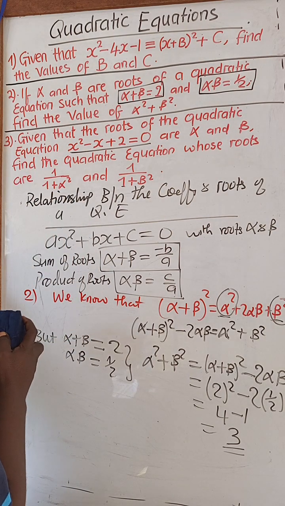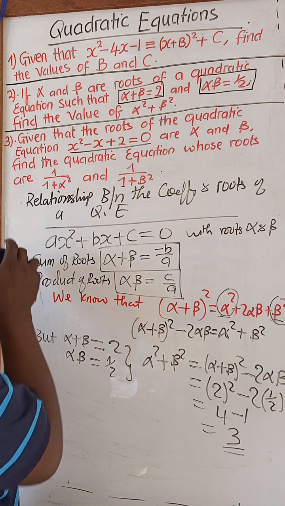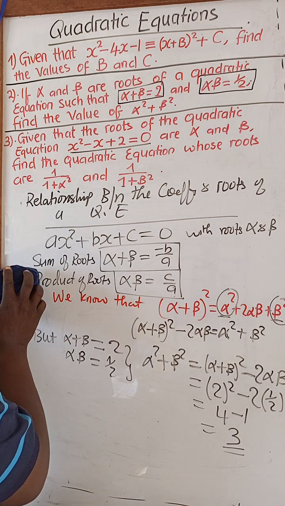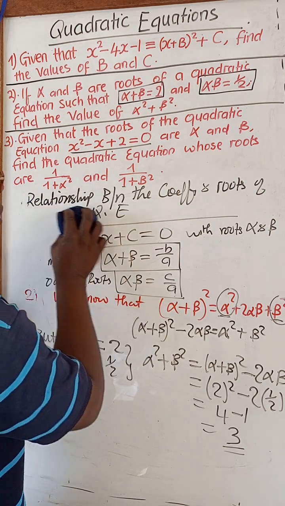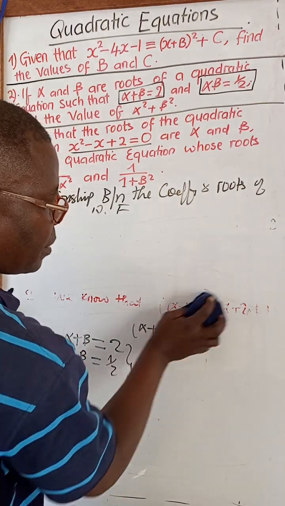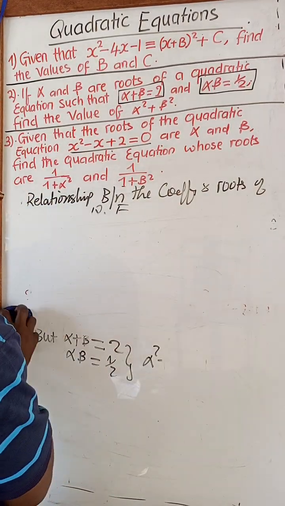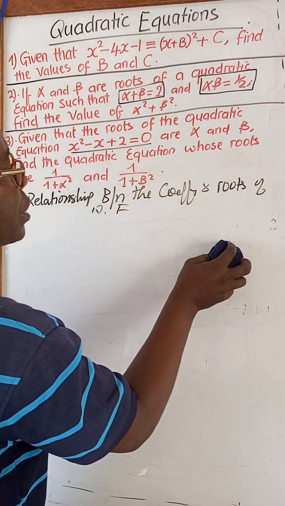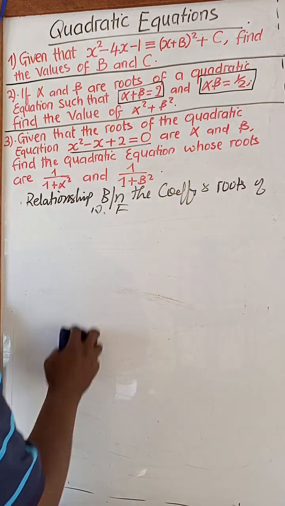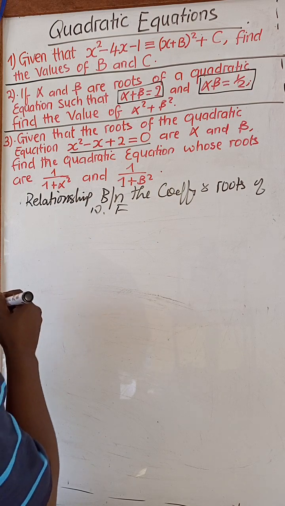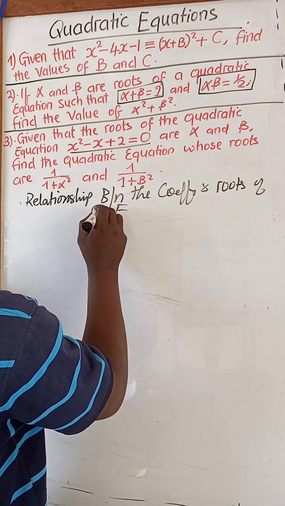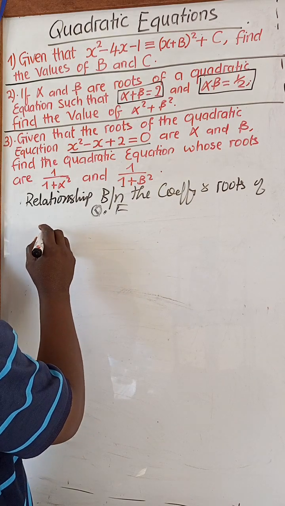Alright. Now we go to the last notion for the day that will help us solve the third question. The last notion of the day brings in something new in addition to the relationship between the coefficients and the roots of a quadratic equation.